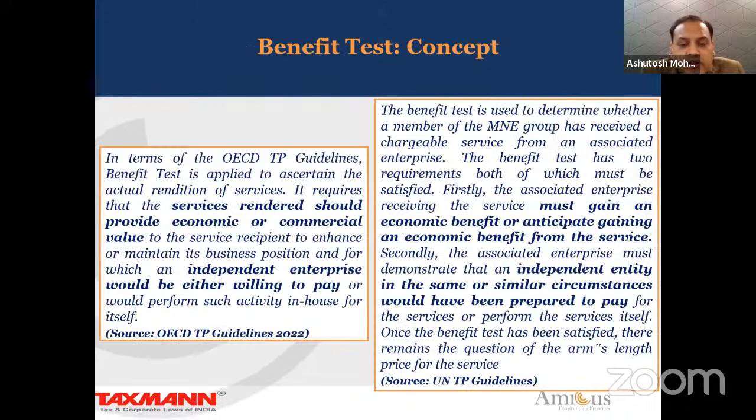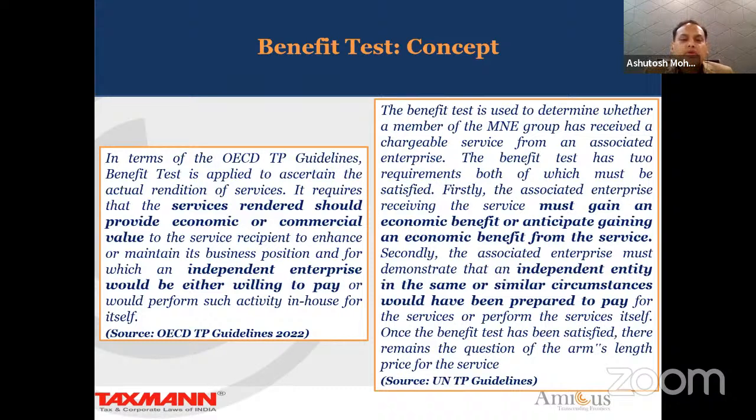After discussing this concept, we move on to the concept of benefit test. Benefit test is a test that is applied by the OECD, also by UN guidance, to test whether a service being received by an associated enterprise from its related party is really a chargeable service or not. As per the benefit test, there is a two-pronged requirement to be fulfilled.